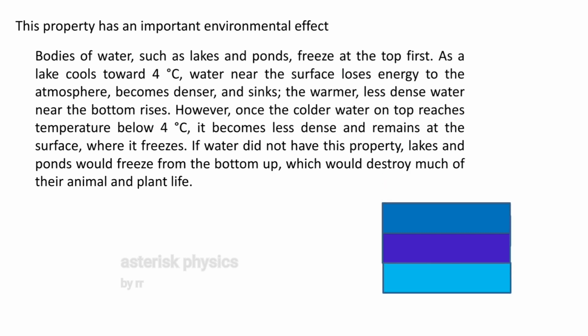The warmer, less dense water near the bottom rises. And this process repeats. However, once the colder water on the top reaches a temperature below 4 degrees Celsius, it becomes less dense and remains at the surface, where it freezes and forms ice.